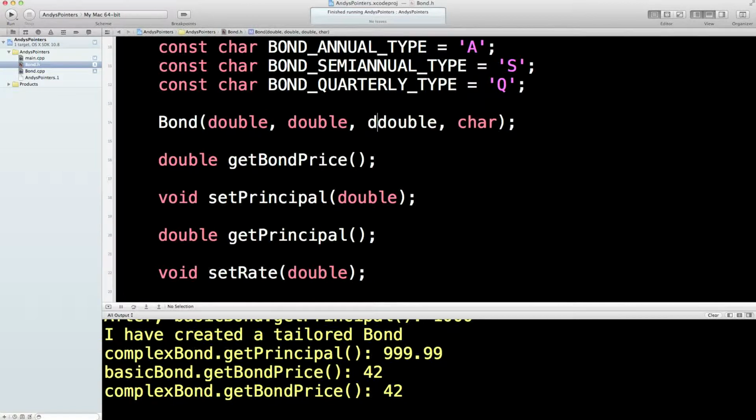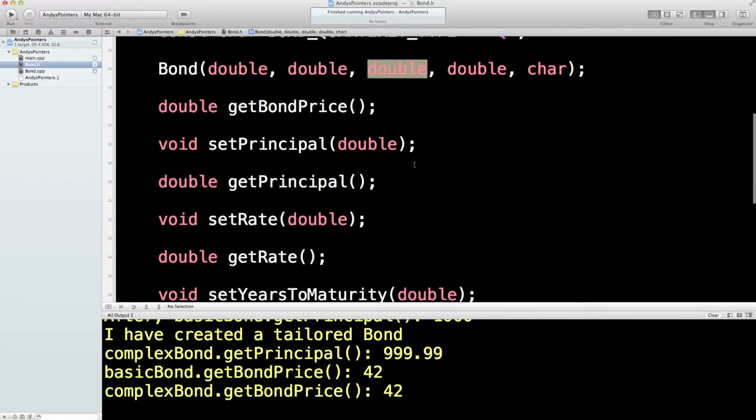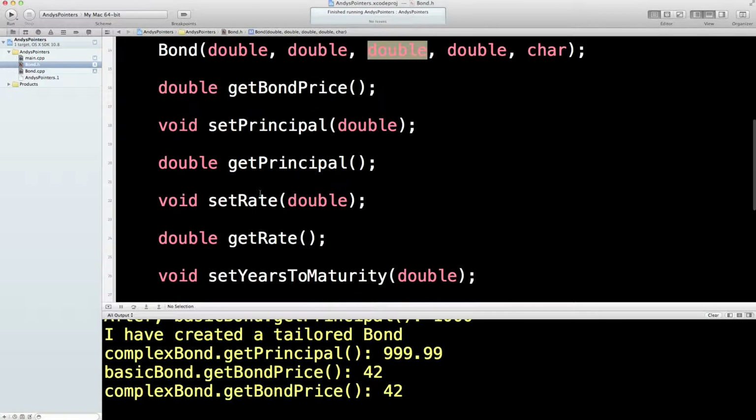So I'm going to have to put two rates in: the fixed coupon rate of a bond, and the desired market investment rate of an investor. So I'm going to have to do a few little changes here.